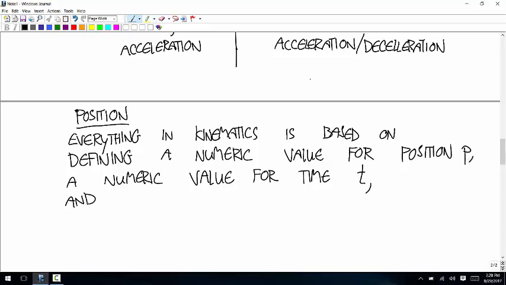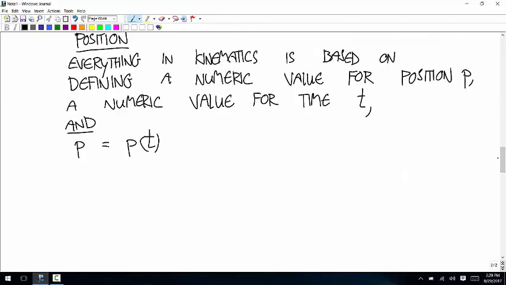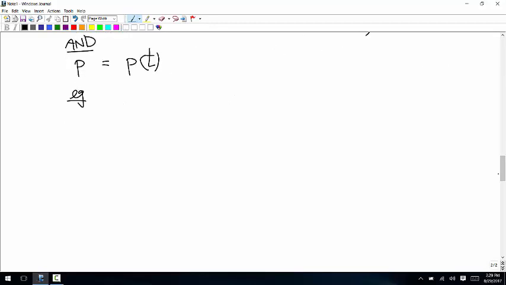And then once we have those two things defined, we want to write position as a mathematical function of time. So position is a function of time. So what I mean by that is, for example, you could have a function p of t that's equal to 5t squared, for all time greater than 0.